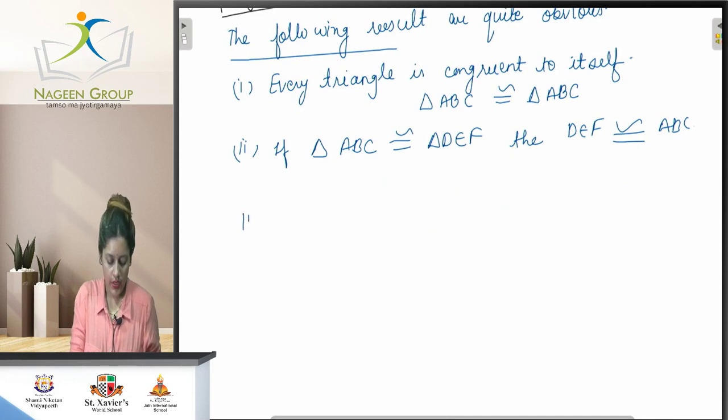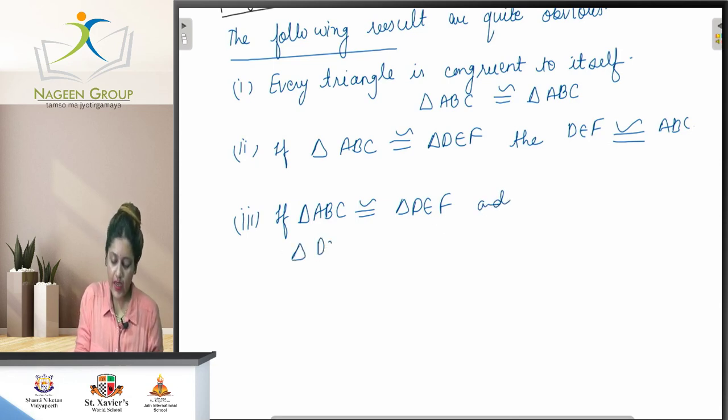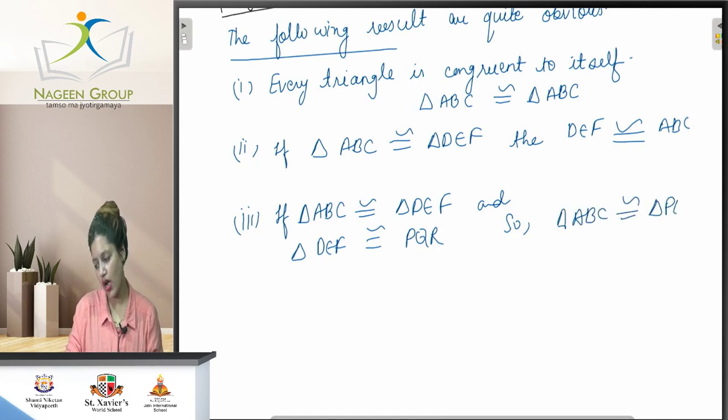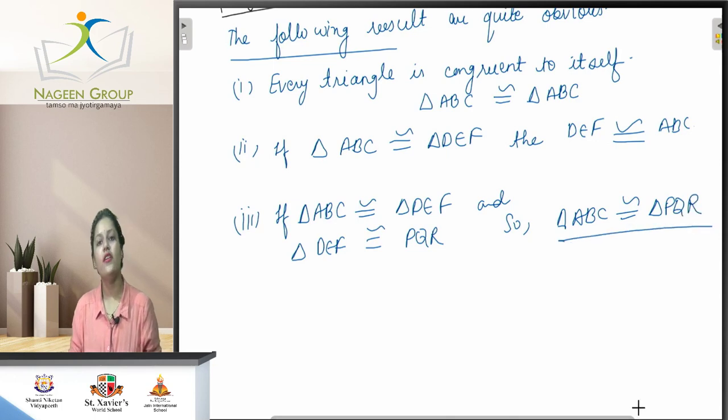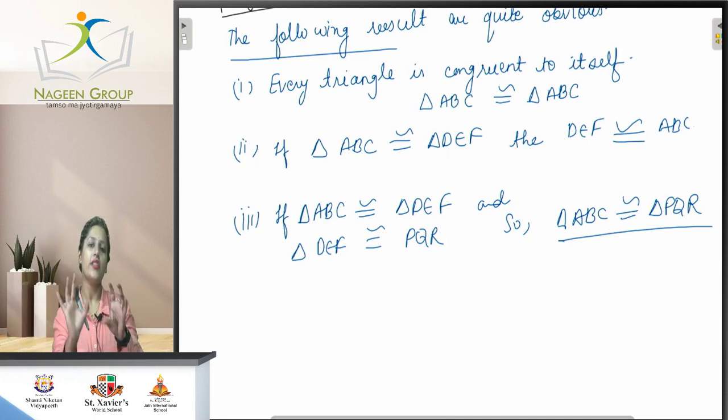Our third conclusion is that if triangle ABC is congruent to triangle DEF and triangle DEF is congruent to triangle PQR, then triangle ABC is also congruent to triangle PQR. If the first triangle is congruent to the second and the third is also congruent to the second, then the first and third are also congruent to each other.